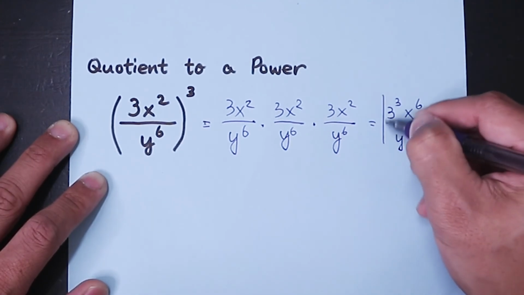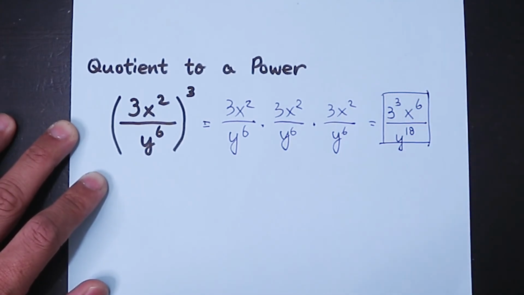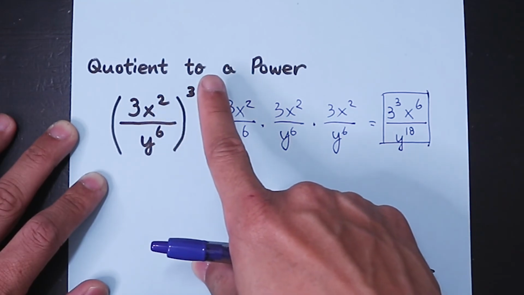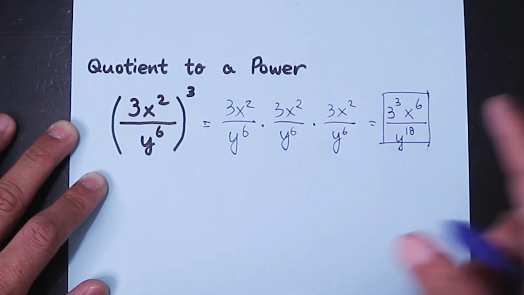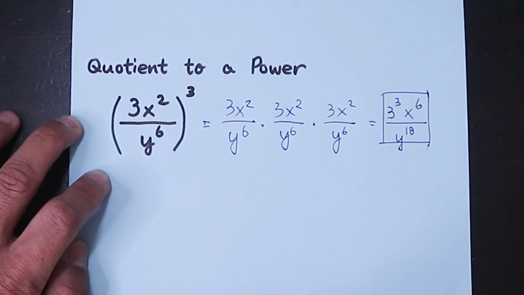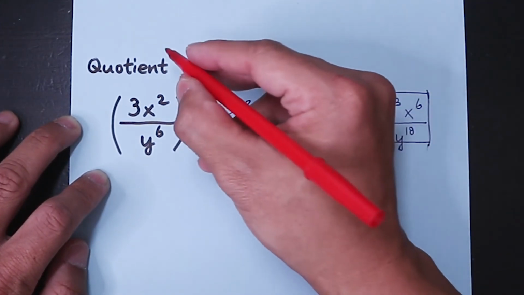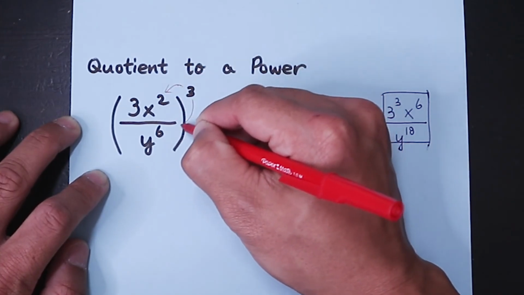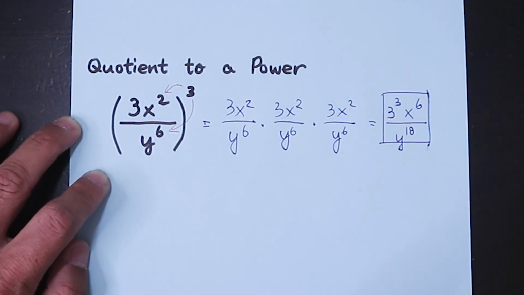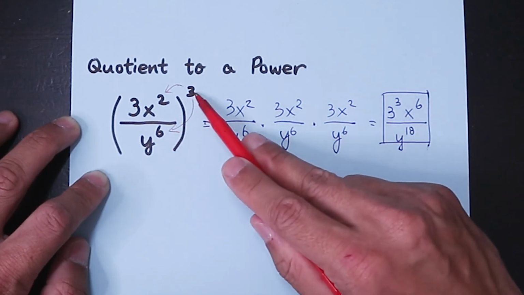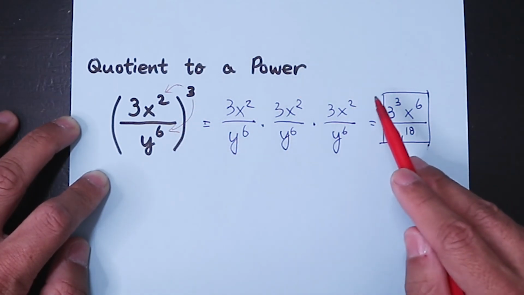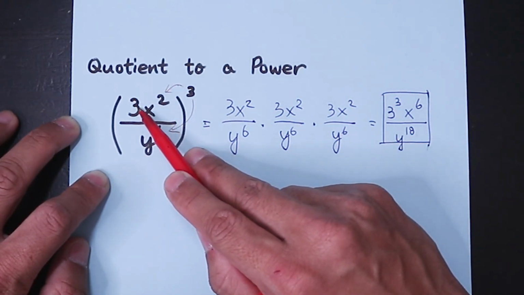So my question is, do you see a pattern between the exponents of 2, 3, 6, and these 3, 6, and 18? Do you see a pattern? Very similar to the previous discovery, all you have to do is have the outside exponent distribute to the inner exponents inside the parentheses. So 2 times 3 is 6, 6 times 3 is 18, but then I don't see an exponent for the 3 here.